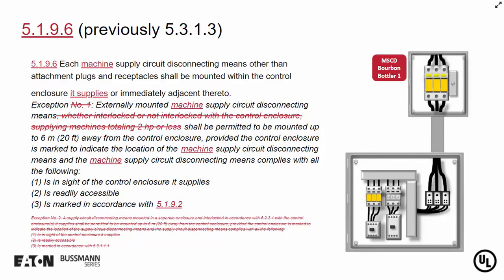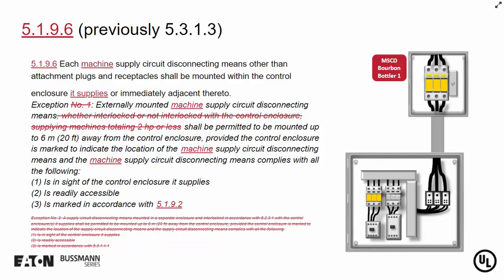So as you can see, in the first draft the term machine was added in 7 places for consistency. The section numbers referenced within the text were revised to correlate with the renumbering of the chapter, and former exceptions number 1 and number 2 have been combined into one exception because the enclosure access requirements in Chapter 6 have been revised to permit different options for restricting access.